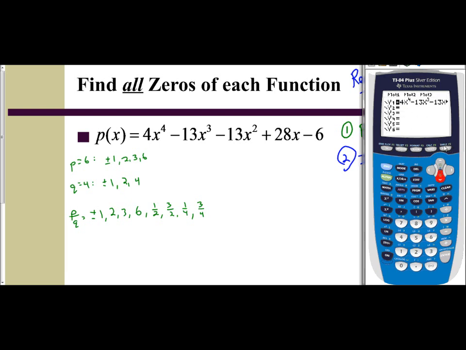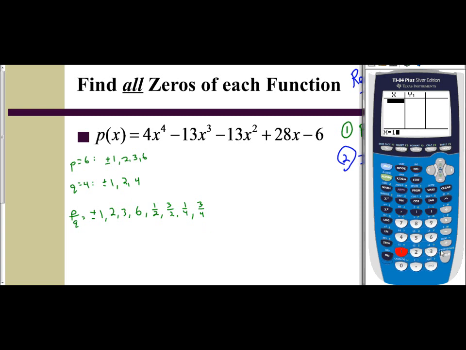Remember, we go to our table, second table. We've already in previous videos changed our table setup so that it asks us for our own x values. We input our own instead of it creating a list automatically. So I still have values from my previous examples, so I'm going to hit delete to clear all of these out. And now I'm going to input all my possibles.